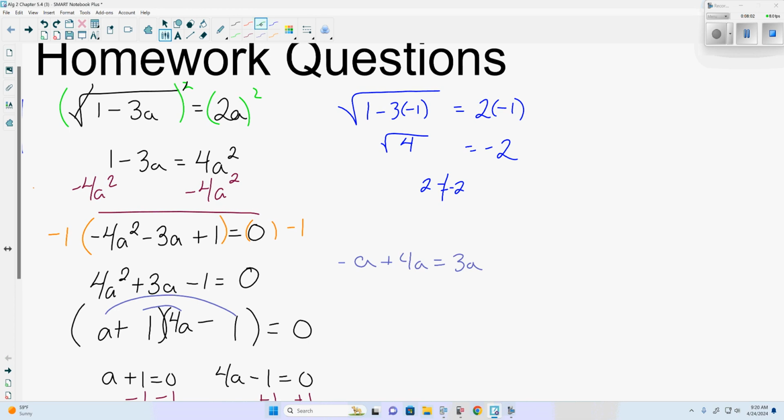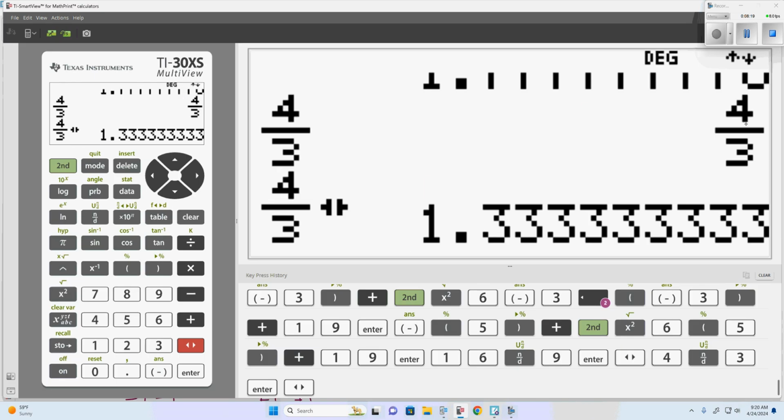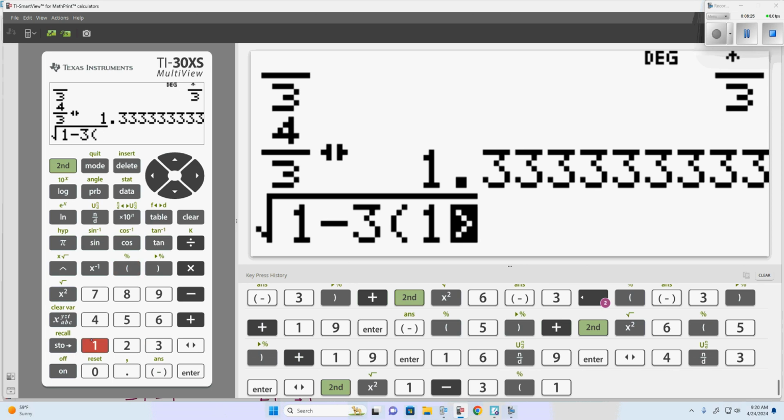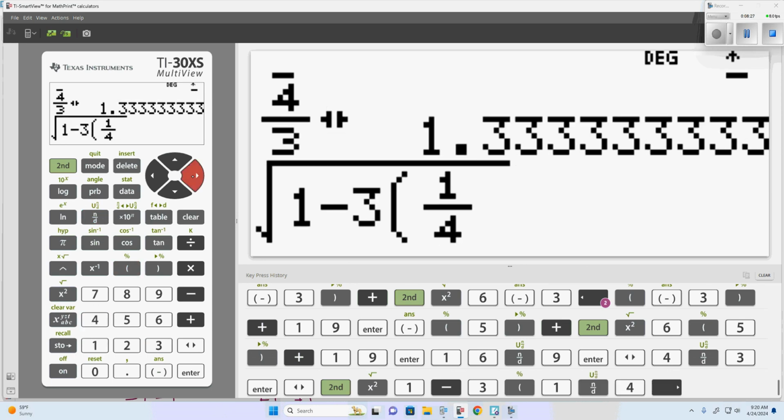Now, the other value we found is 1/4. And we can plug it in. Now, square root of 1 minus 3 times 1/4. And I would just grab a calculator. 1 minus 3 times 1/4 is a half.